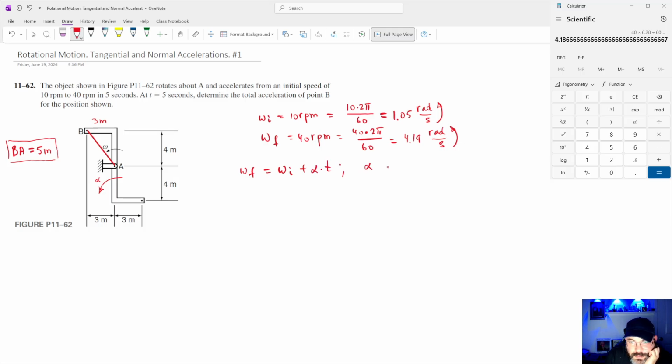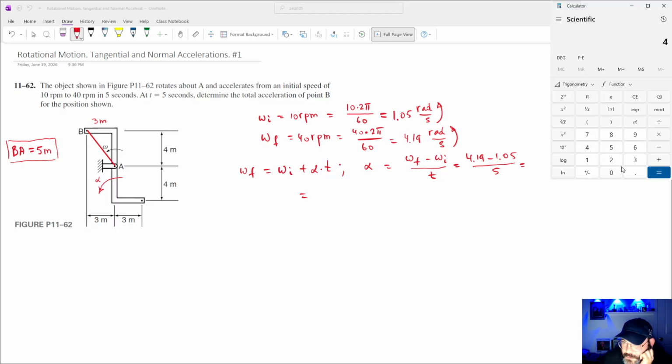So our angular acceleration is equal to final velocity minus initial velocity divided by t. So this is equal to 4.19 minus 1.05 divided by 5. And this gives us how much? Let's see.